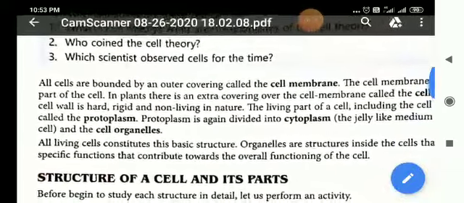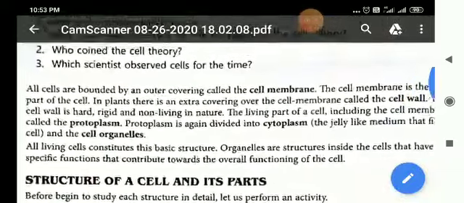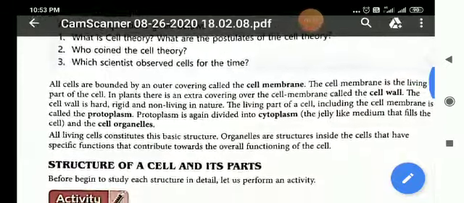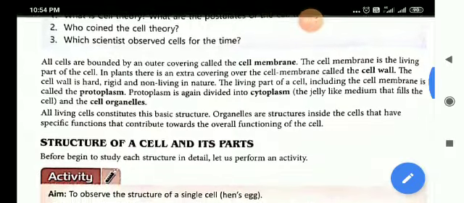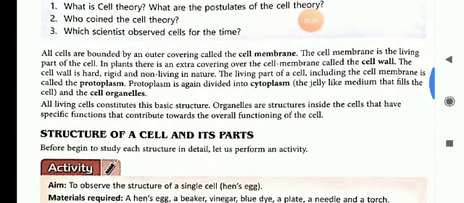About the cell, actually two types of cells are there, plant cell and animal cell. Separately, we will read about them also, but now in general about the cell. The cells are bounded by an outer covering called the cell membrane.